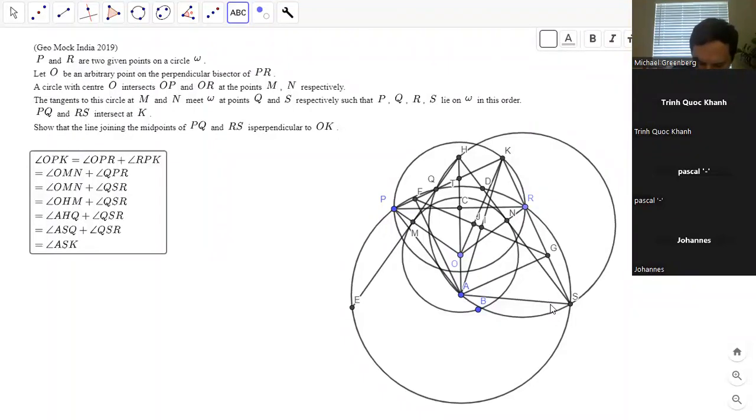And PO is like the center O with radius OP, so PO is PR over 2 times sine of POR. But from the previous angle chase, it's obvious that the angle QAS is equal to the angle POR.